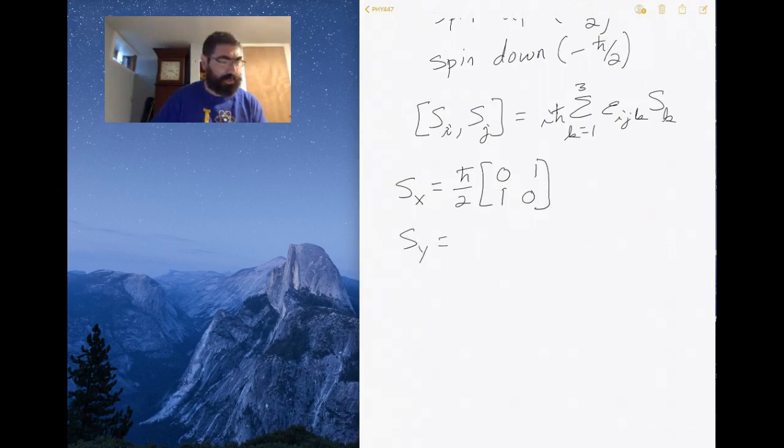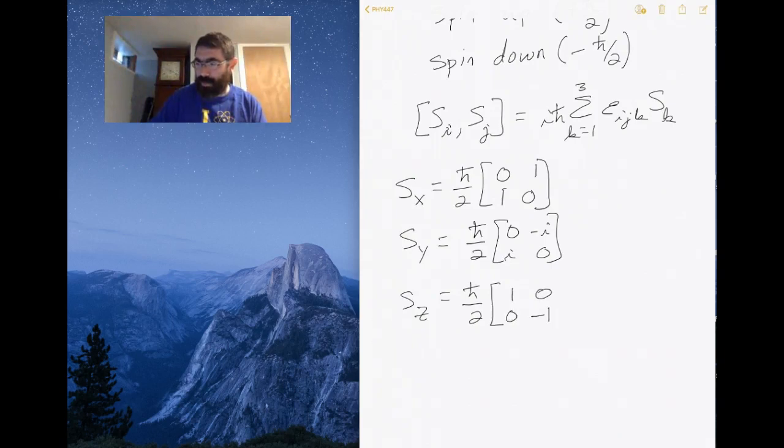Sy is ħ over 2 times (0, minus i; i, 0). And Sz is ħ over 2 times (1, 0; 0, minus 1). So this is one possibility for the spin operators. It's probably one of the easiest ones.